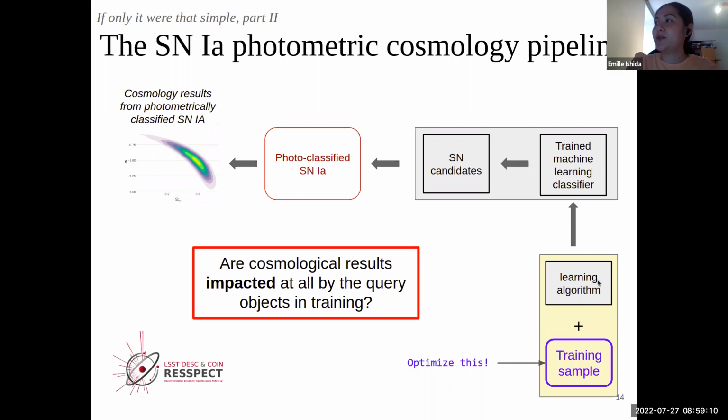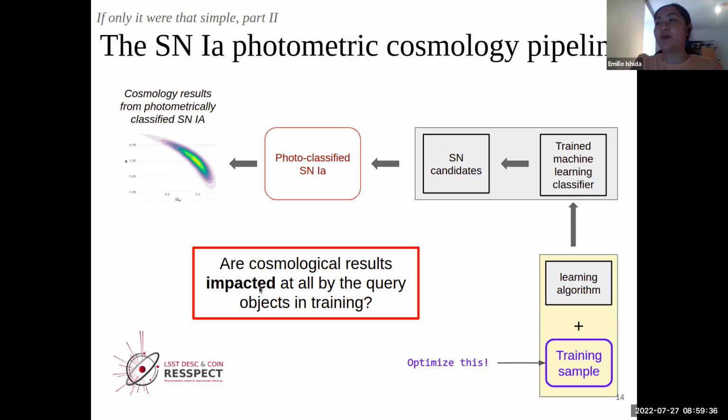So if you optimize this, you train your algorithm, and then you have a machine learning classifier, you classify your supernova candidates. These are all full light curves that you think might be used for cosmology. Then you have a set of photometrically classified supernovae, and from this you can get your cosmological results. So the idea is if you optimize this, it should influence that somehow.